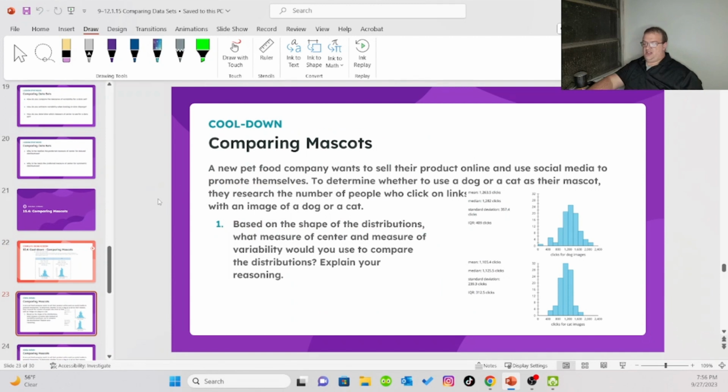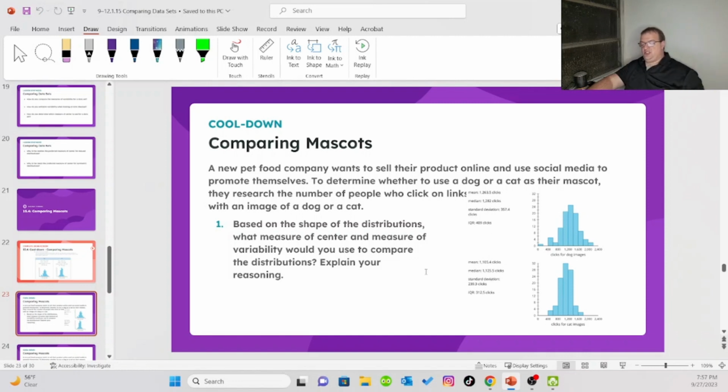It says a new pet food company wants to sell their product online and use social media to promote themselves. To determine whether to use a dog or a cat as their mascot, they research the number of people who click on links with an image of a dog or a cat. And you can see the histograms right here along with the numbers.